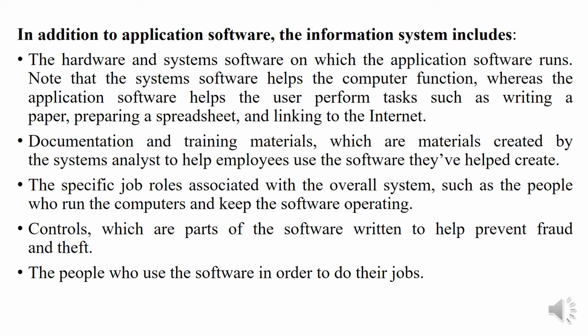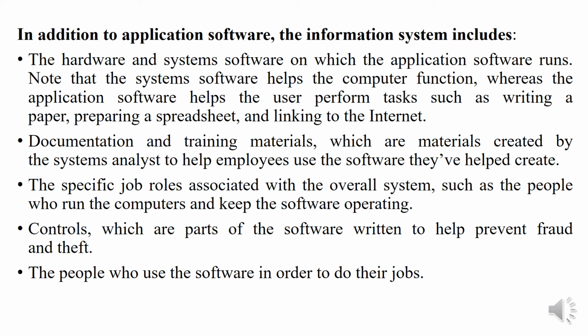There are specific job roles associated with the overall system, such as people who run the computers and keep track of software operation, and also the controls which are part of the software, written to help prevent fraud and theft in terms of security. Again, the information system is very important to keep away from attackers because all the information should be secured, since any kind of theft of data can create a lot of problems and can also hurt the reliability of the organization.